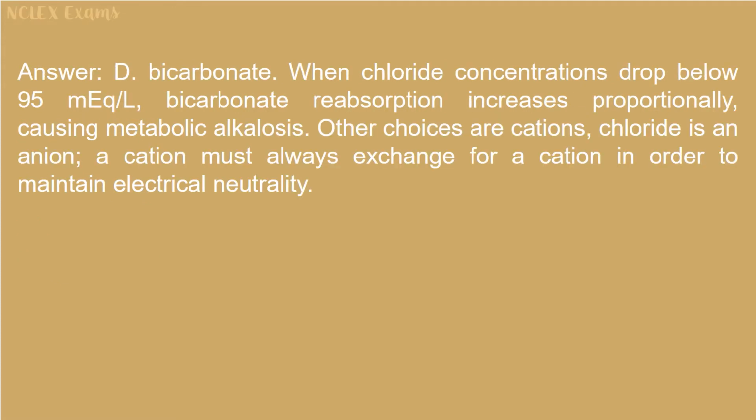Answer D. Bicarbonate. When chloride concentrations drop below 95 mg/L, bicarbonate reabsorption increases proportionally, causing metabolic alkalosis. Other choices are cations. Chloride is an anion. A cation must always exchange for a cation in order to maintain electrical neutrality.